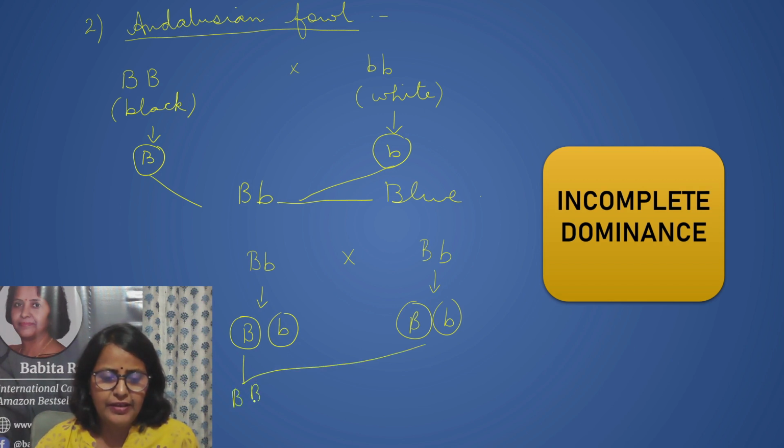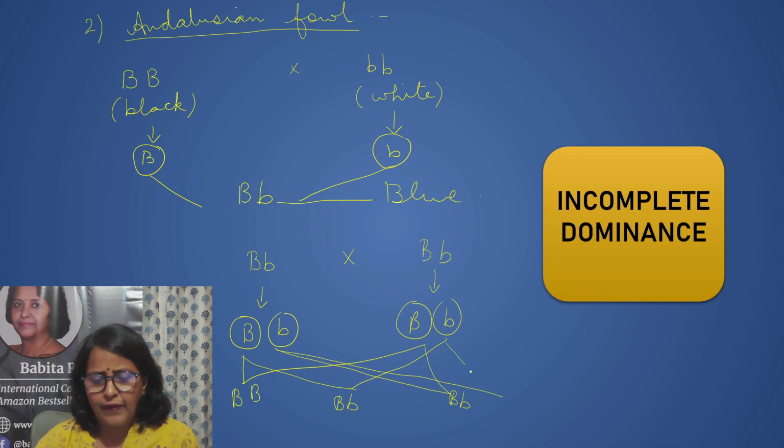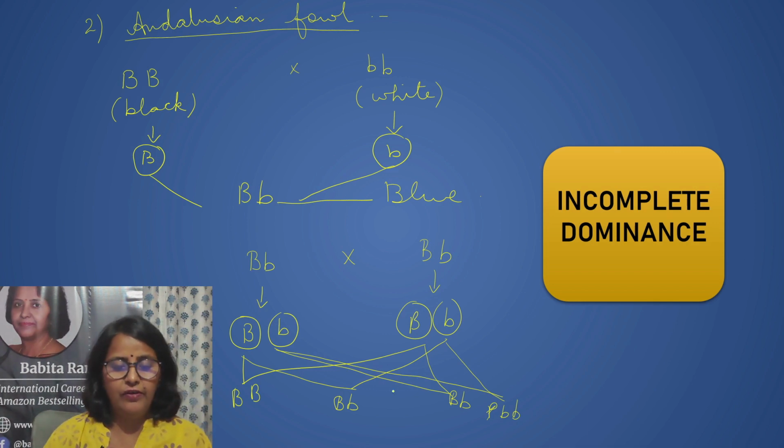Capital B, capital B, capital B, small b, capital B, small b, small b, small b. So, this is what we will get.